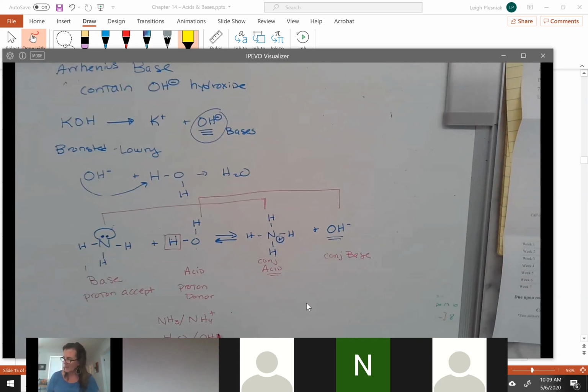So these are acid-base pairs. They differ only by an H+, and the charge matters. You gotta add the plus. And in all cases, the form that has more H pluses is the acid. So this is the acid form, and this is the acid form. Does that make sense?